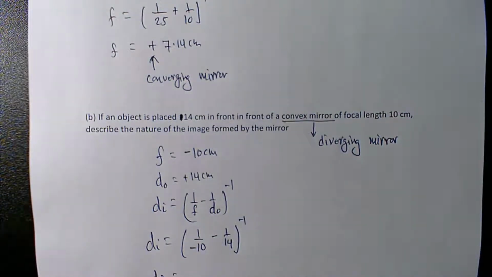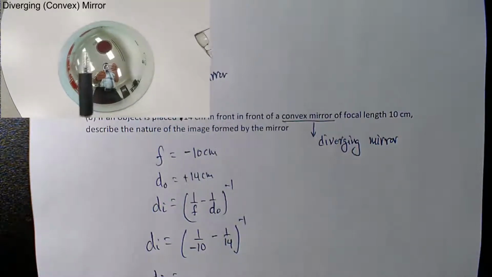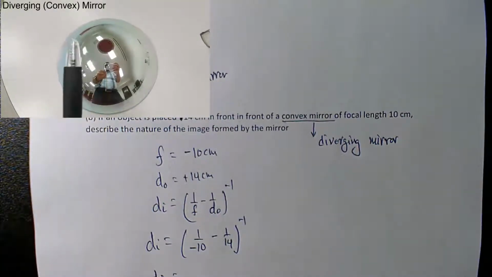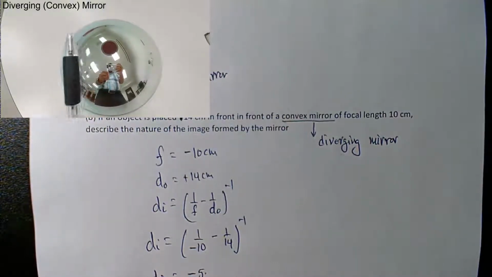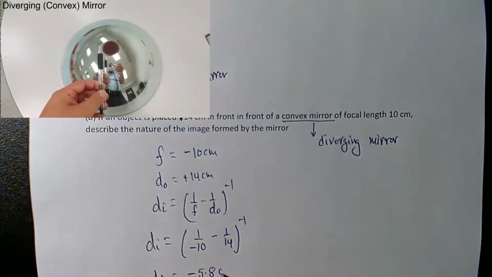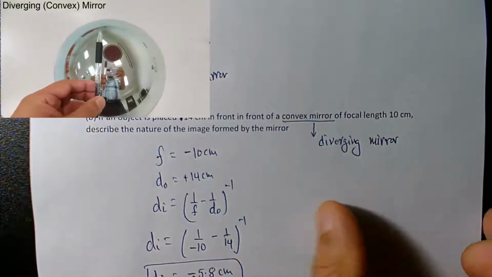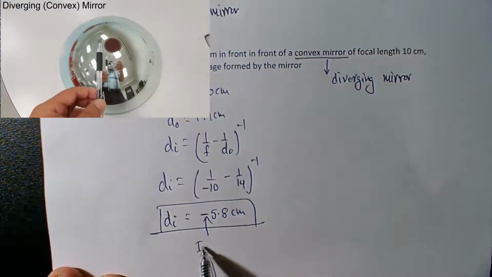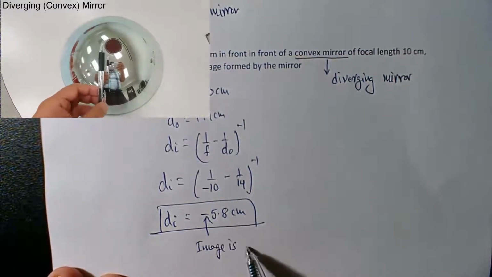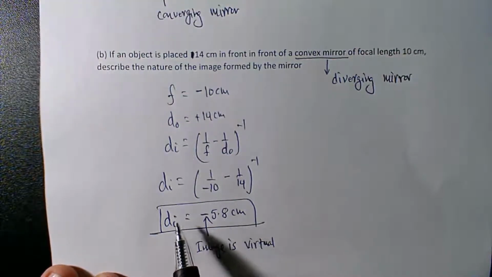So it's going to give you negative 5.83, about 5.8 centimeter. The negative sign in the image distance simply means the image is virtual. The final image is virtual. That's the meaning of the negative sign in the image distance.